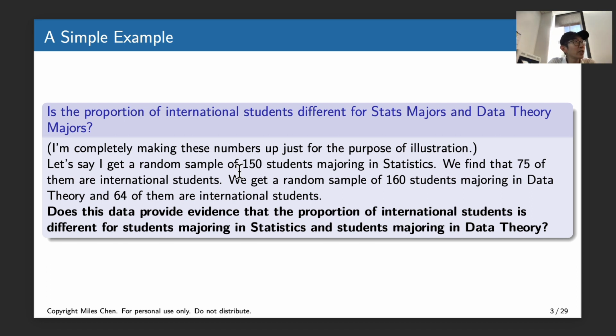It's election day tomorrow, so you have different candidates and different measures and propositions. Does the proportion of people who support this proposition or measure or candidate differ for this group versus another group?